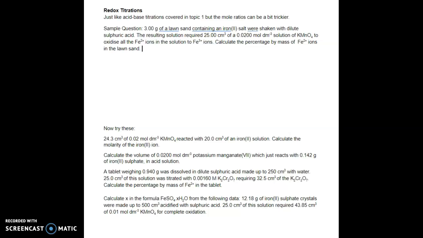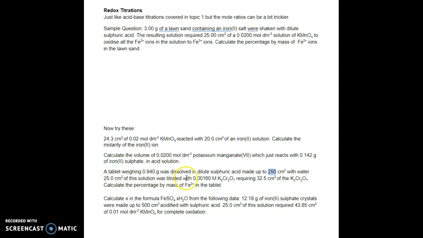Now the one thing you need to be careful of is sometimes, particularly in one of the later questions, you've taken 25 centimetres cubed of a solution from a solution of 250 containing the tablet. So there is a factor of 10 that you need to include later on.